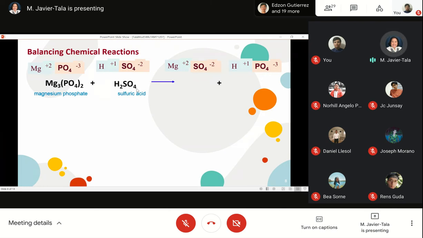So when these two compounds react with each other, it will form magnesium sulfate and phosphoric acid, or hydrogen phosphate. In your magnesium sulfate, we did not write any parentheses or subscript because both of them have 2 as their charges. Magnesium is positive 2, while your sulfate as a group is negative 2.